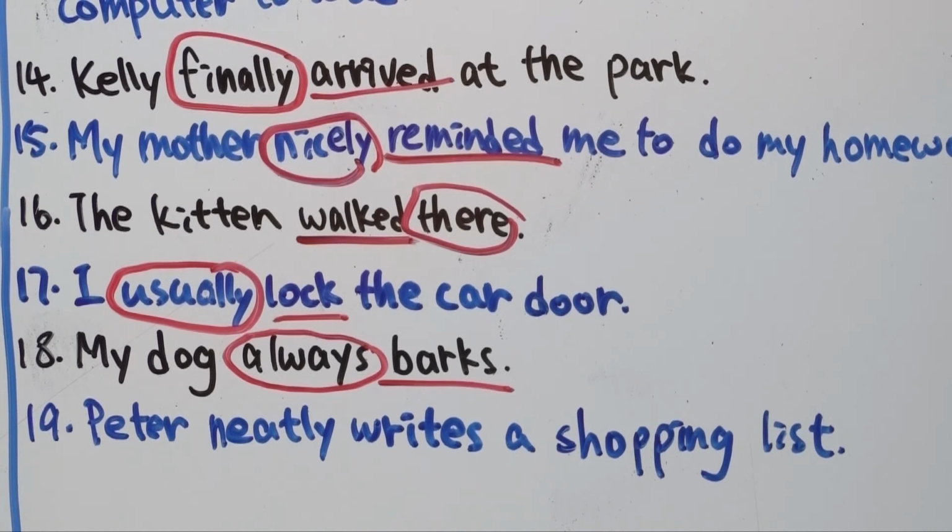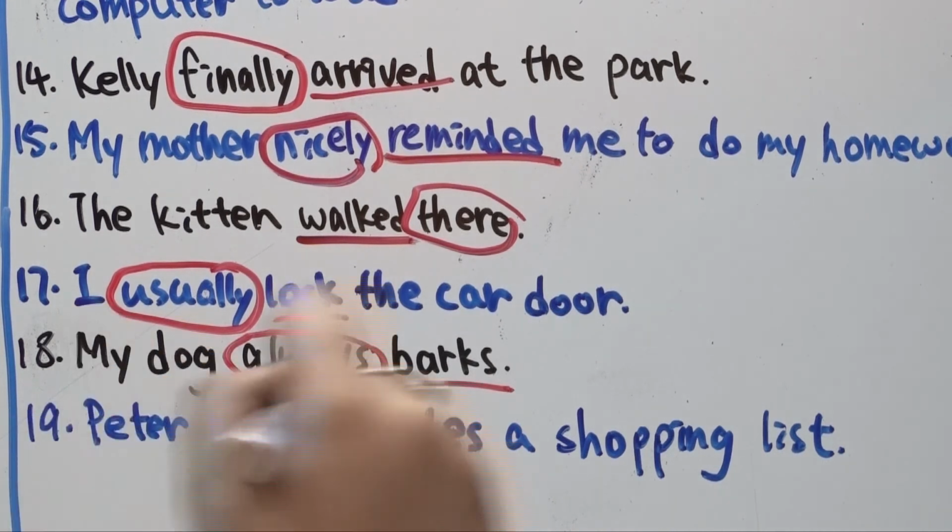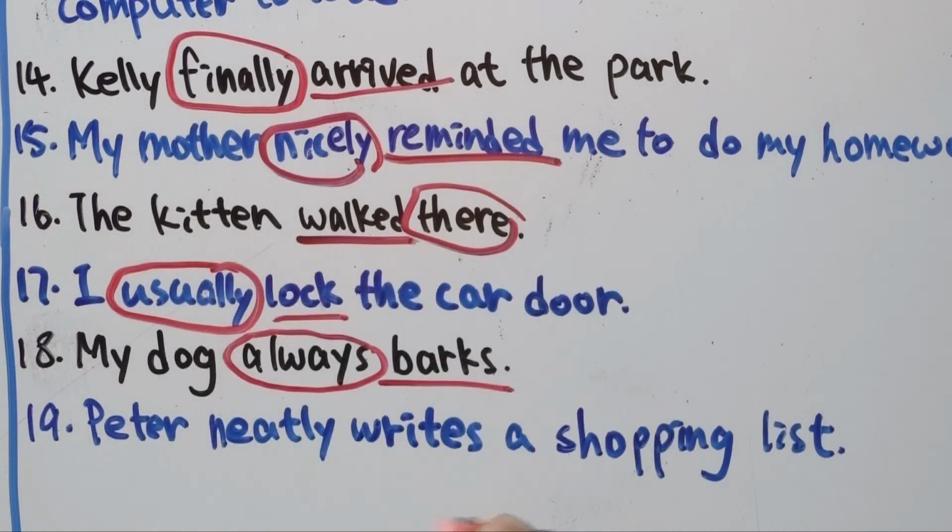Number 19. Peter neatly writes a shopping list. The subject is, you know, Peter, right? Which one is the action? Neatly writes or a shopping list? The action is writes, right? So you underline this because this is an action.